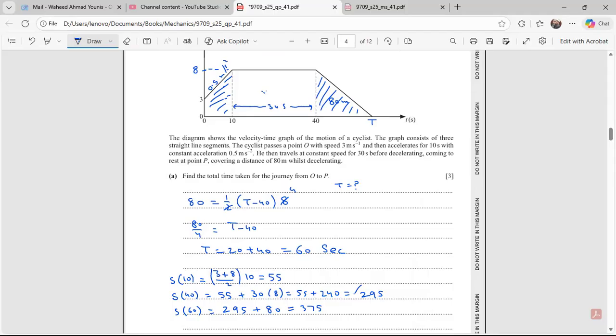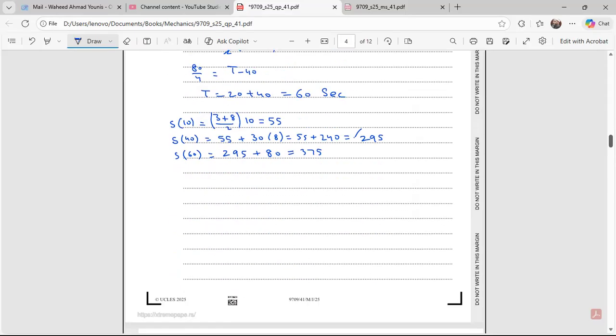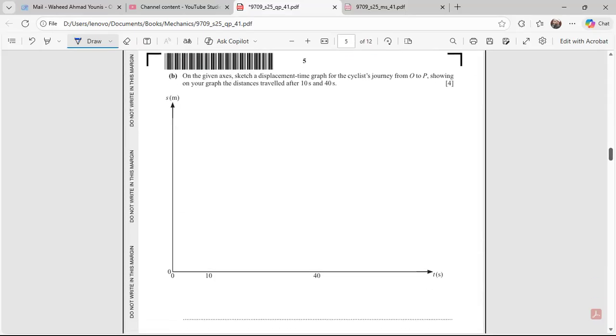Okay. So we know all these three distances. And now let's try to sketch the displacement time graph, right? Okay. So in the first 10 seconds, it was accelerating. So as time goes by, the distance is increasing. So the graph will be something of this shape. Okay. And we know that at this point, the distance was 55. Okay.